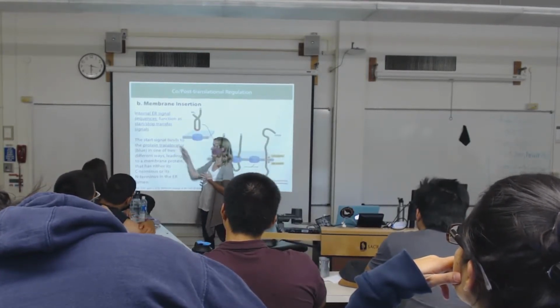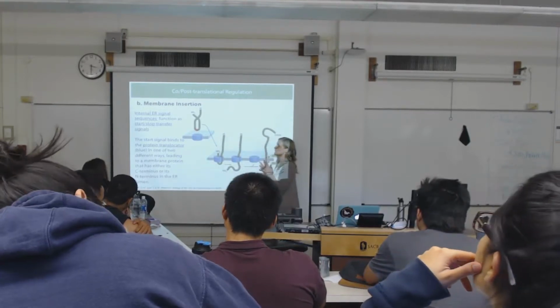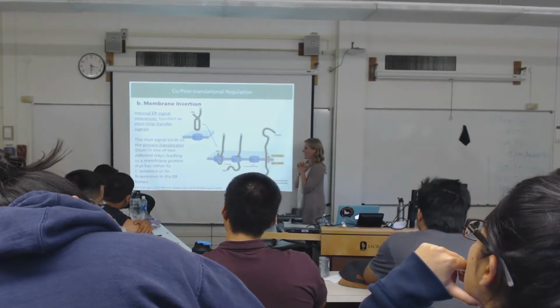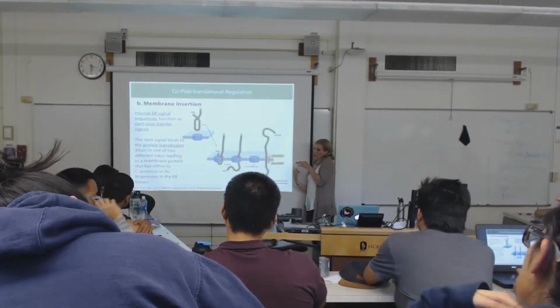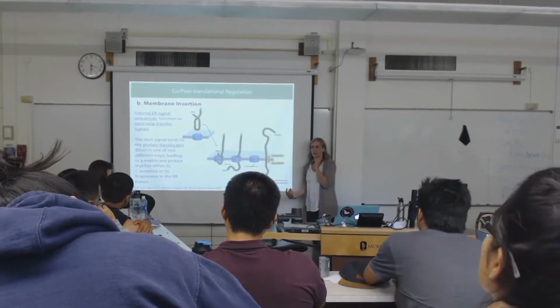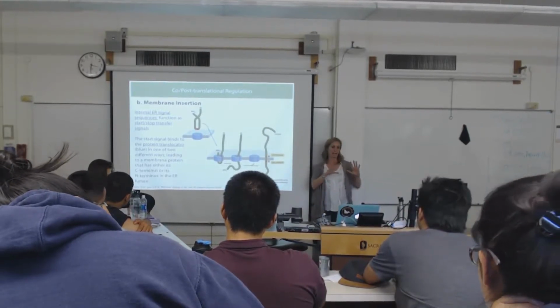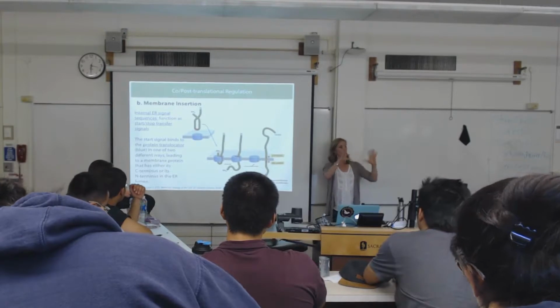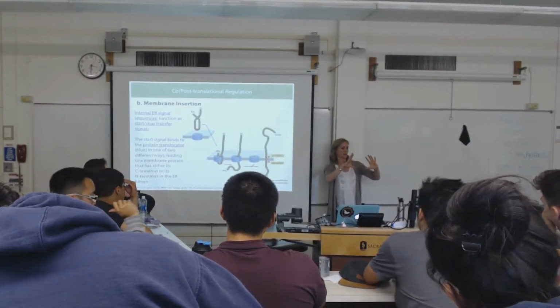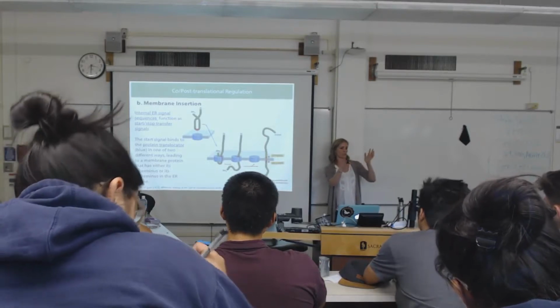The sequences are always referred to as start-stop transfer sequences. It indicates to the protein translocator that this is where you need to start transferring the sequence across the membrane. There's a really cool mechanism for when a ribosome binds to the ER and initiates translocation.